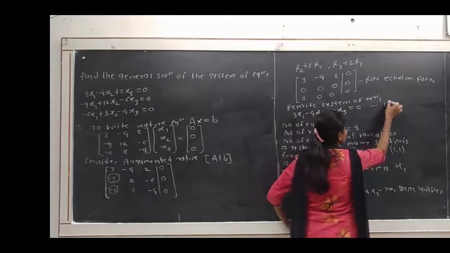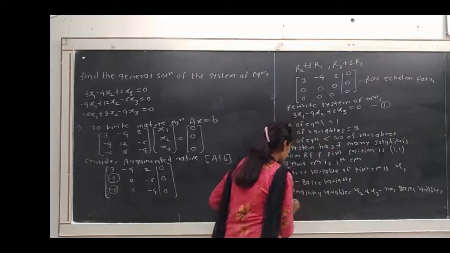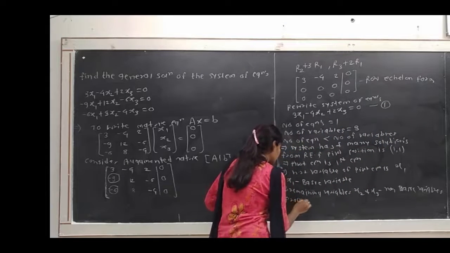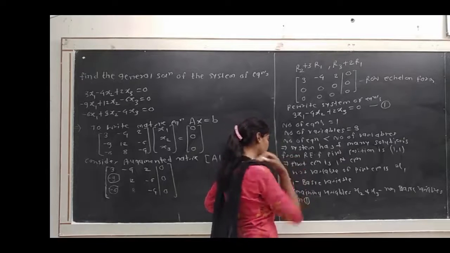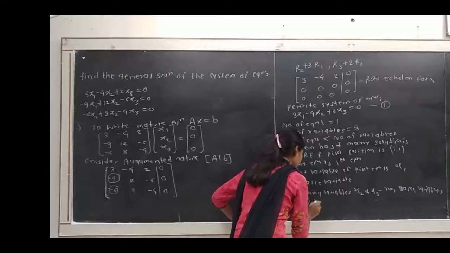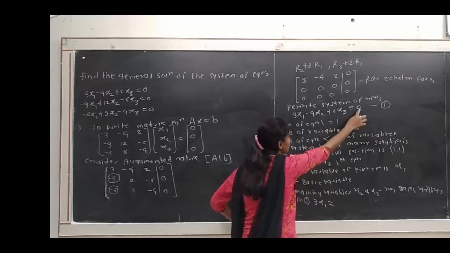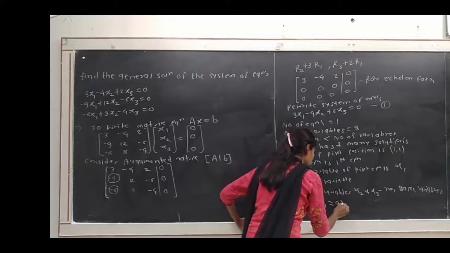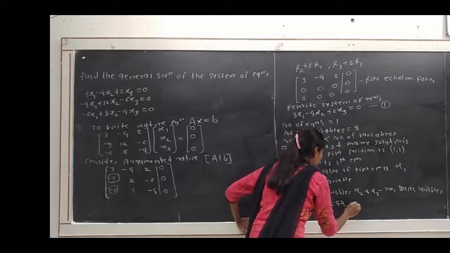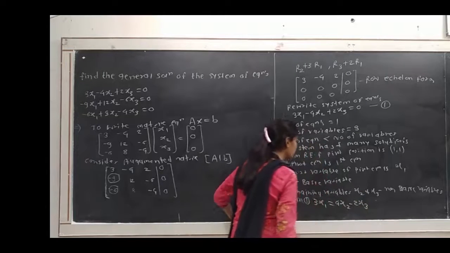So we take it as equation number 1. From equation 1, we write 3x1 is equal to, by shifting to the RHS, plus 4x2 minus 2x3.